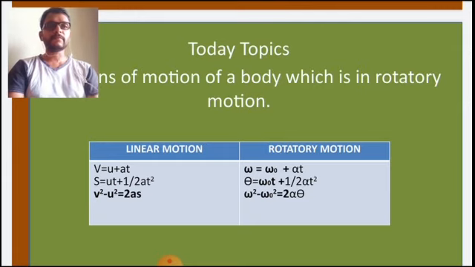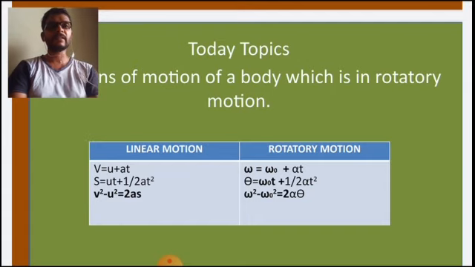Now, if we come to the other way, rotatory motion. In case of rotatory motion, the equations of motion can be written like this. See there on the right side in the table, omega is equal to omega naught plus alpha t, theta is equal to omega naught t plus half alpha t square, and omega square minus omega naught square is equal to 2 alpha theta.